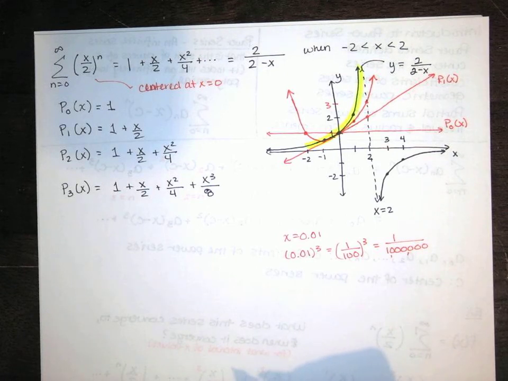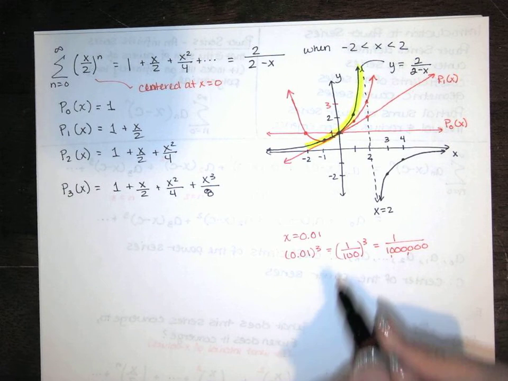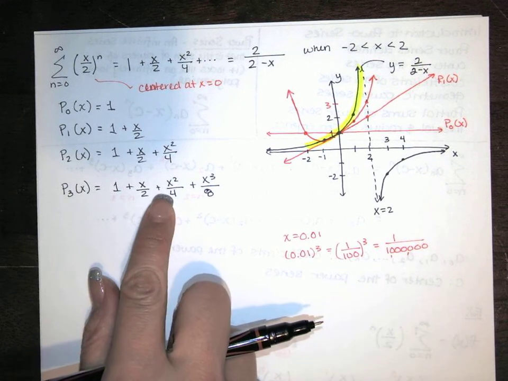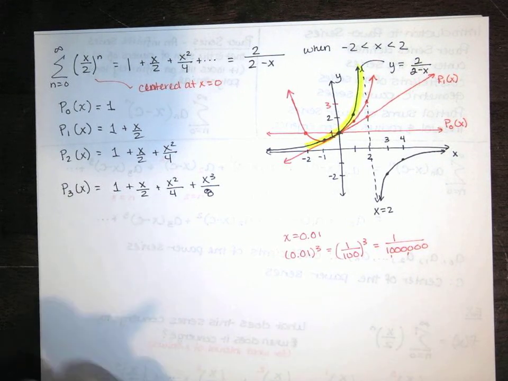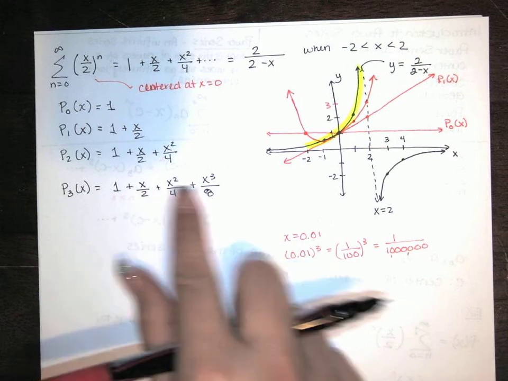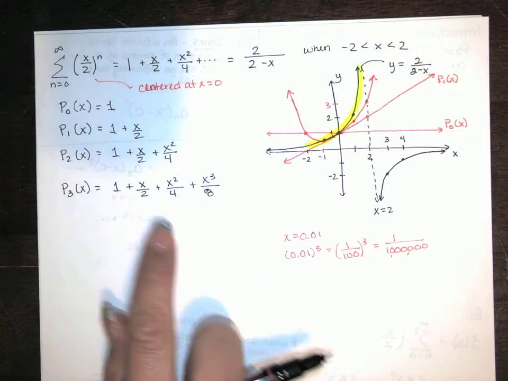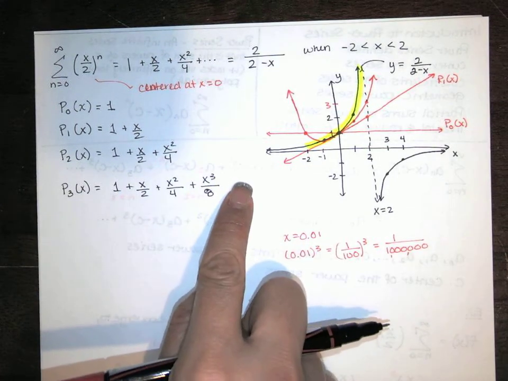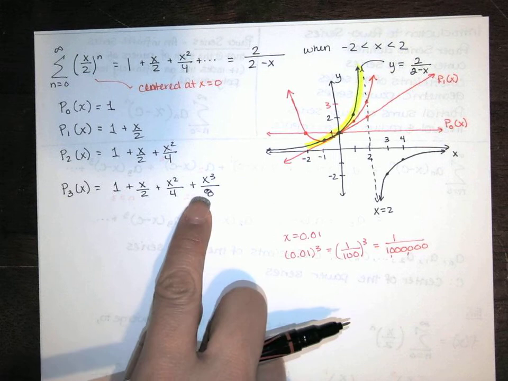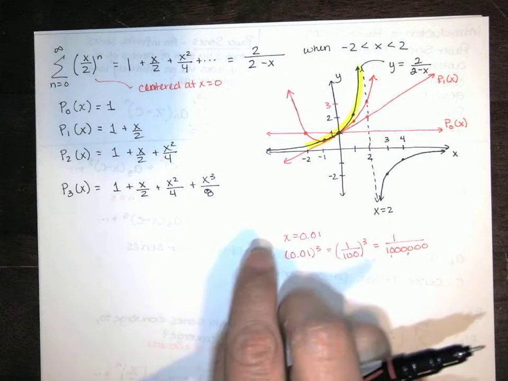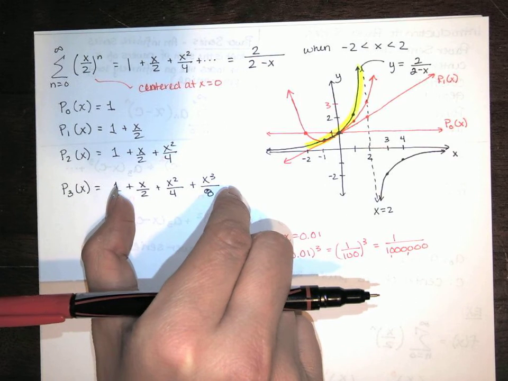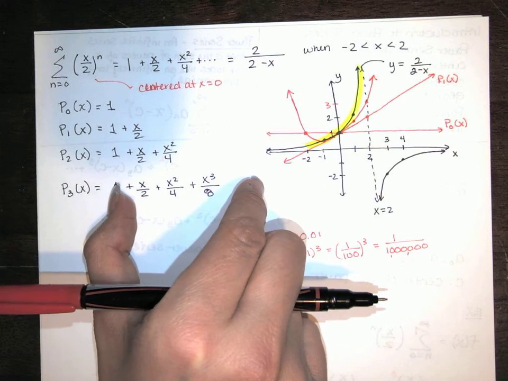That's very, very small, and it's much smaller than 1 over 100 squared, which is right here. So we're saying this is approximately equal to this function because if we're close to 0, the next term is very small compared to the one before it. So we can almost ignore it, and when we ignore it, we'll say this is a very good approximation, but if I want a better approximation, take another term.